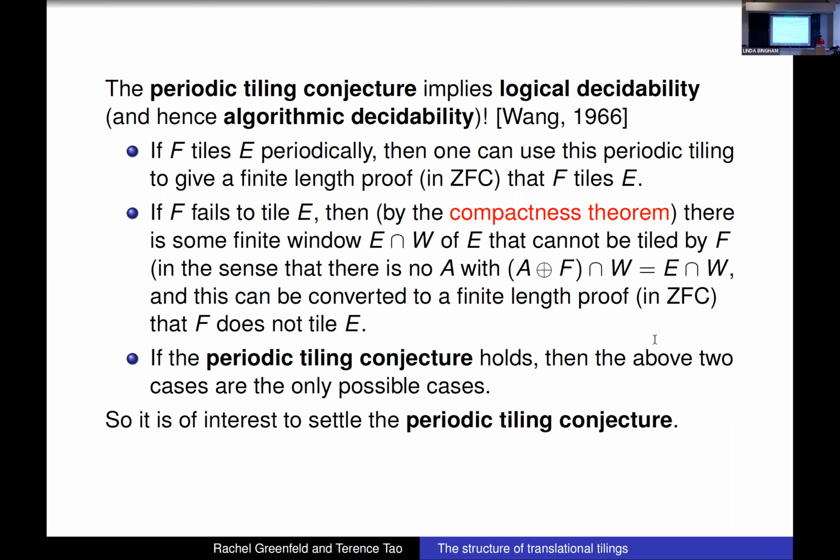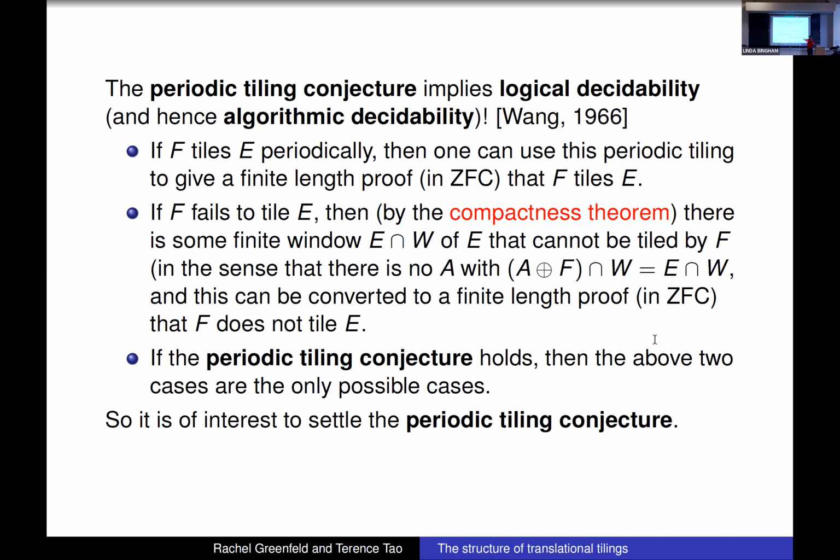If instead you can't tile, so if there's a big set E that cannot be tiled by F, E is infinite, but you can approximate E by various windows. You can intersect E with a box, and you get a finite set. And by an application of what's called the compactness theorem in logic, or you can use other compactness theorems, Tychonoff's theorem or whatever, there's a simple compactness argument that says that if you cannot tile an infinite set, then there must be some finite fragment of this infinite set that you also cannot tile.